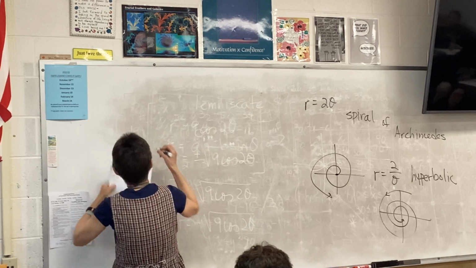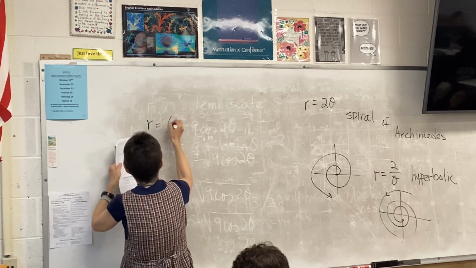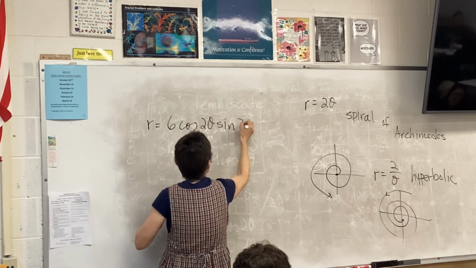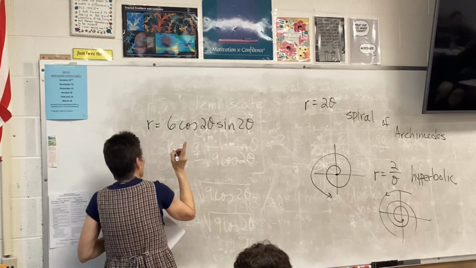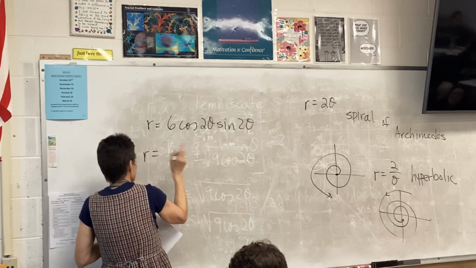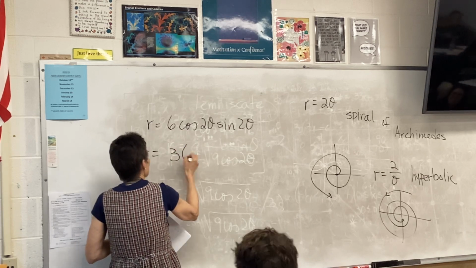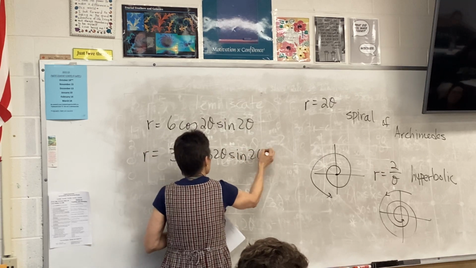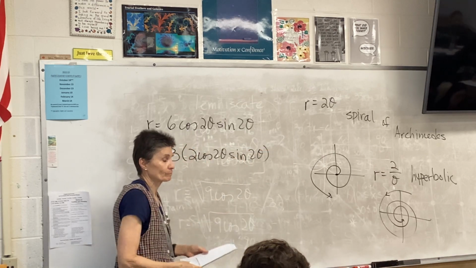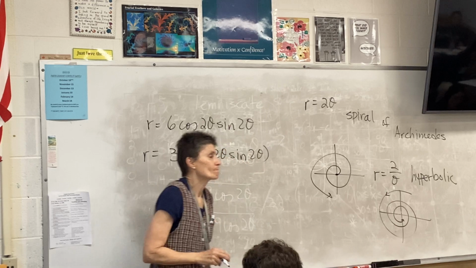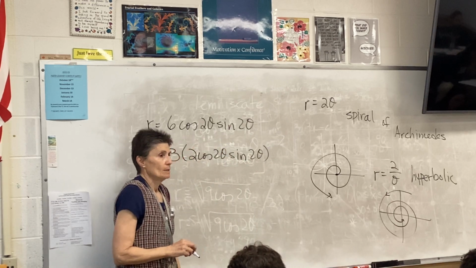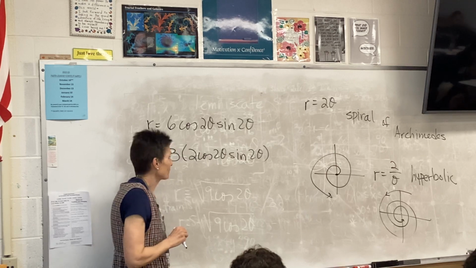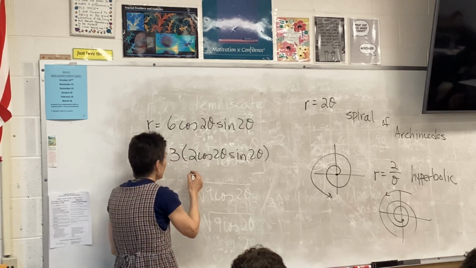So let's take a closer look at the equation. Would you agree that this could be written this way? Is that the same equation? Now get out your reference sheets for chapter 5. Maybe you already know this one. What is that?